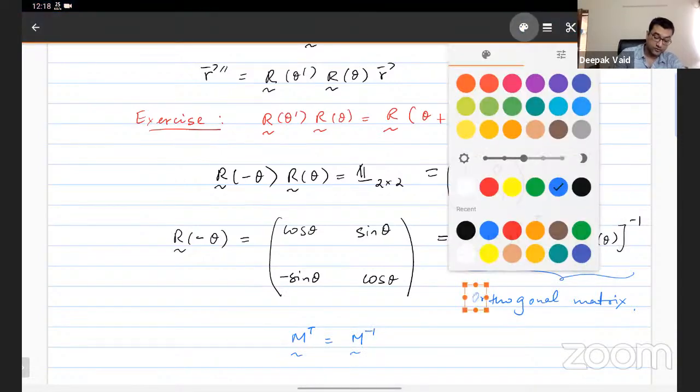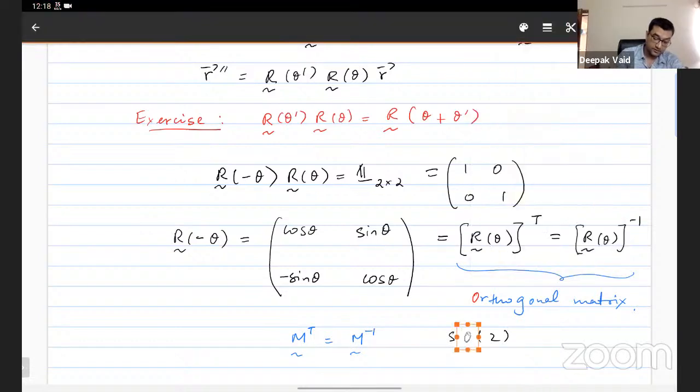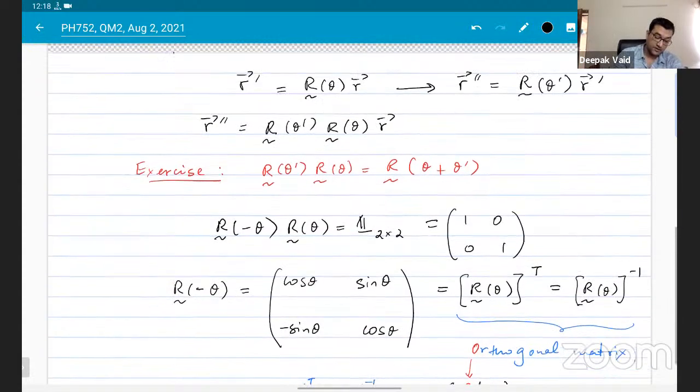And this letter O for orthogonal, this is what the O in SO2 represents. O is for orthogonal, right?